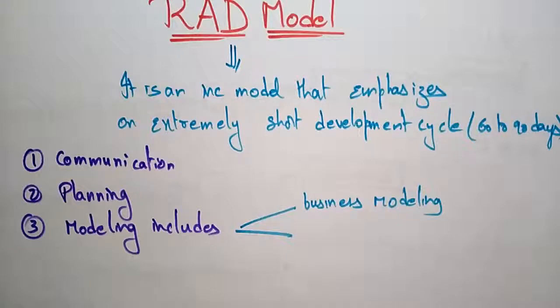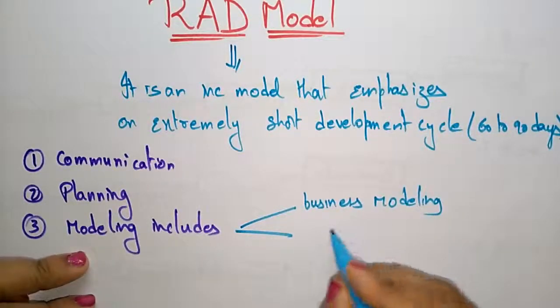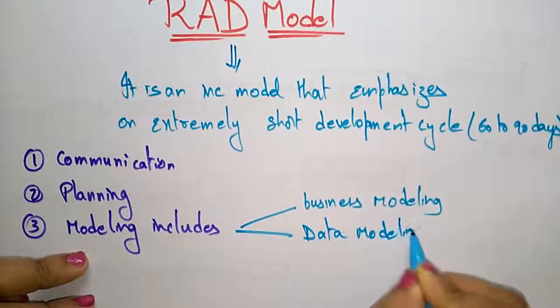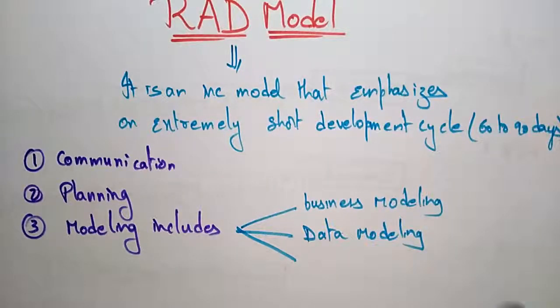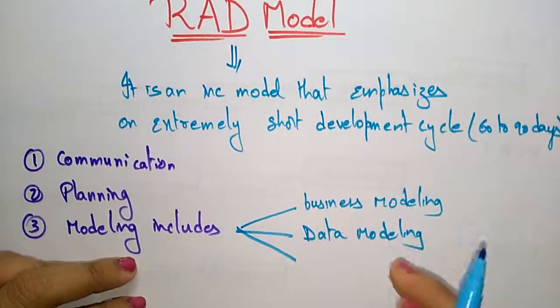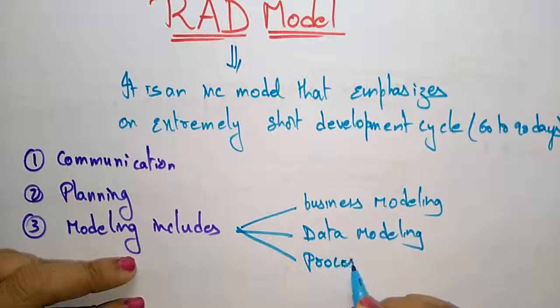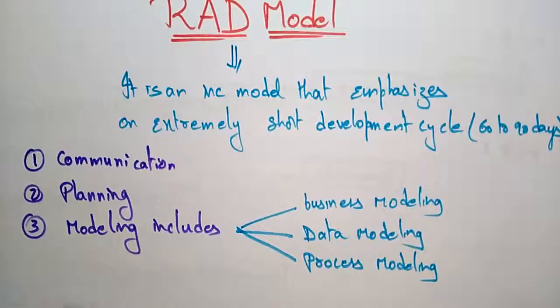For understanding, they can go for different types of modeling. They can introduce business modeling. They can take data modeling. The modeling can be used for a clear understanding of the product or the process. Business modeling, data modeling and process modeling. Any one of the modelings can be included, or all three can be included.